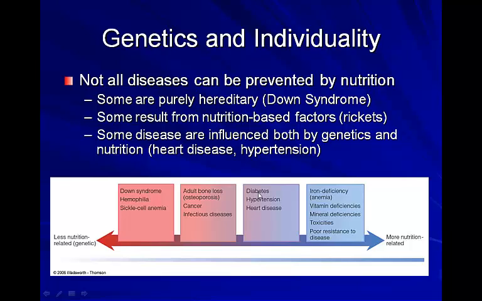Like diabetes, type 1 diabetes is completely genetically linked, and you can't do anything nutritionally to prevent getting that. But how you respond to that, if you have it, from a nutritionist's perspective, can make your life much better and give you a much better quality of life. Same thing with hypertension.